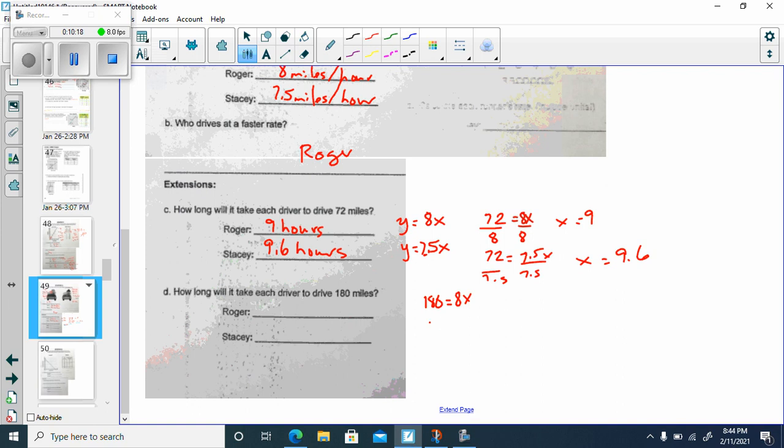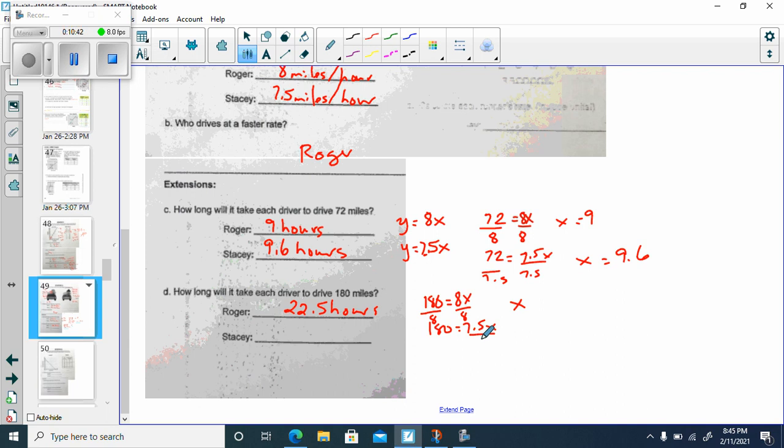For Stacy, it would be 180 is equal to 7.5x. In this case, divide both sides by 8, and x is equal to 180 divided by 8, which gives you 22 and a half hours. 22 and a half hours to drive 180 miles.